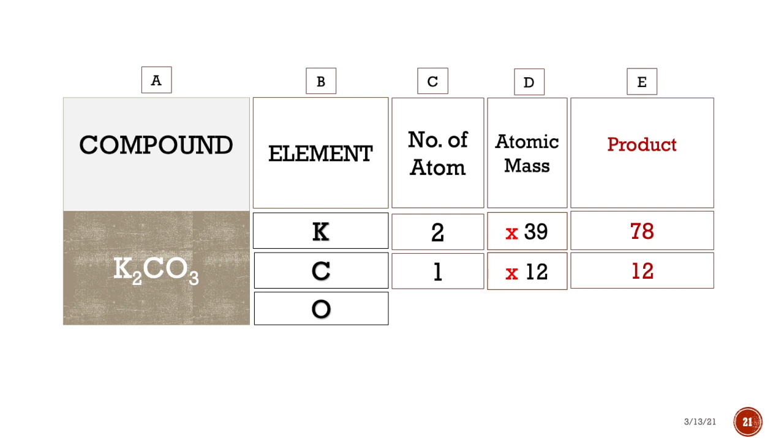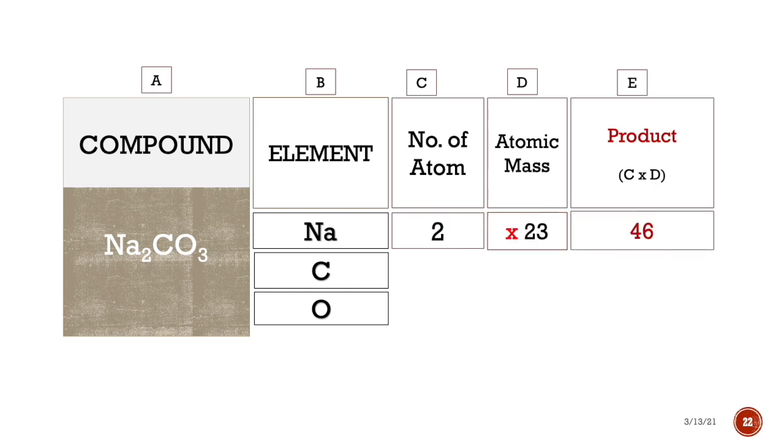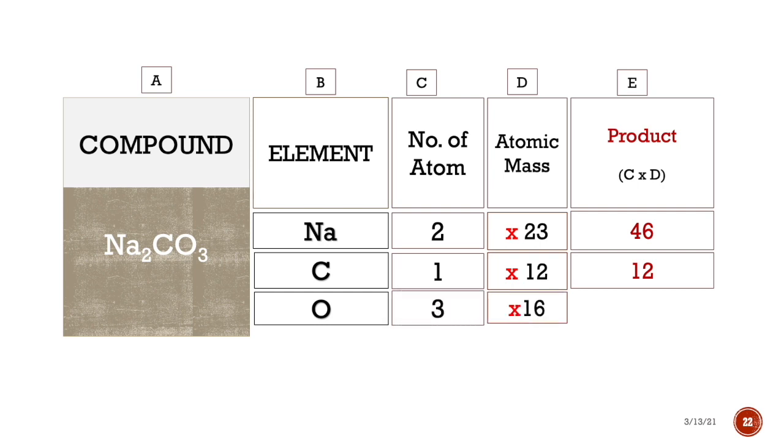For oxygen, 3 times 16 equals 48. What about for the compound sodium carbonate? Let's start with sodium. 2 times 23 equals 46. Carbon, 1 times 12 equals 12. Oxygen, 3 times 16 equals 48.